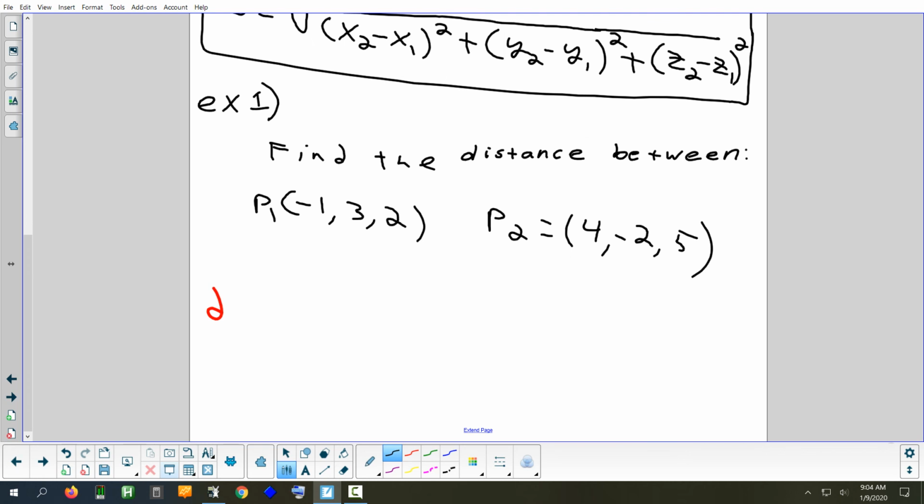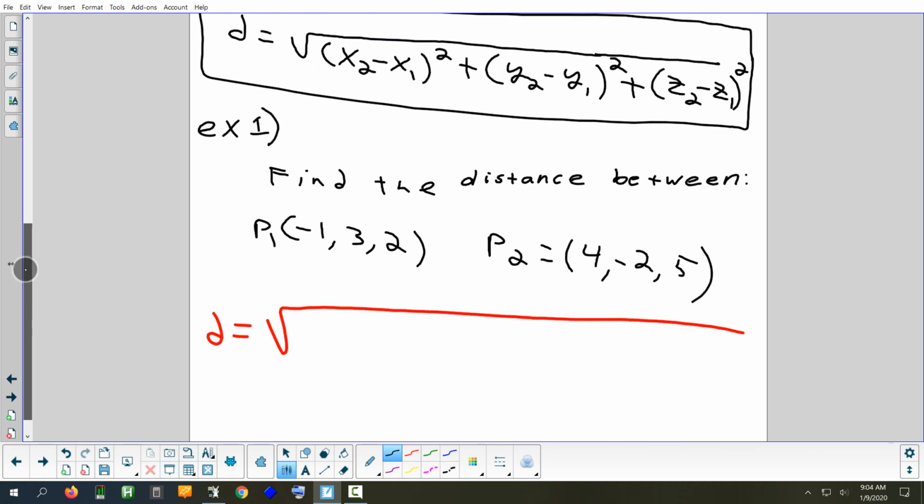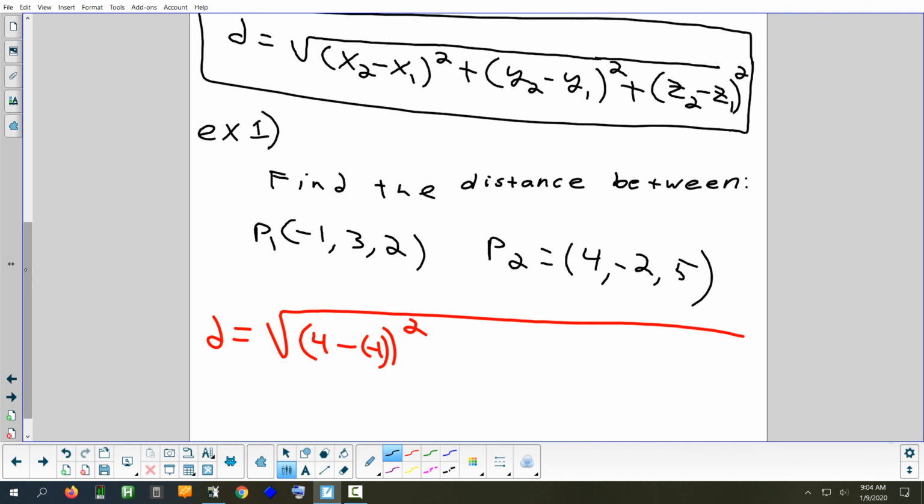Okay, so let's find the distance. Alyssa, what would be the numbers I would have inside the first set of parentheses? It would be 4 minus -1. Yep, perfect. Okay, so we got that. Next, what's going to come right after the first term?